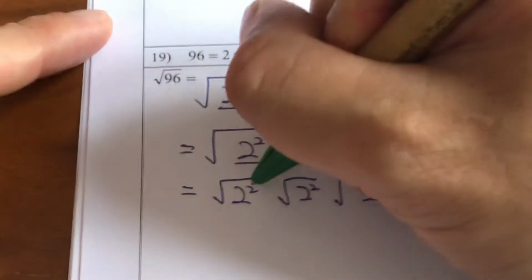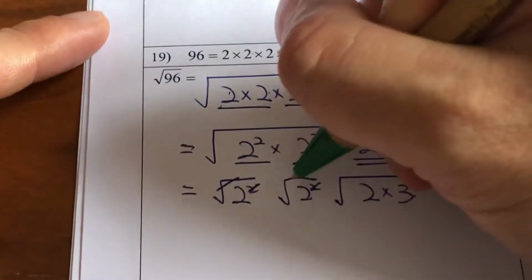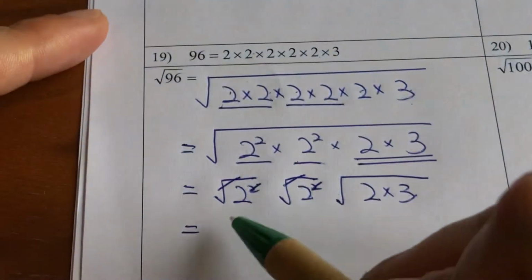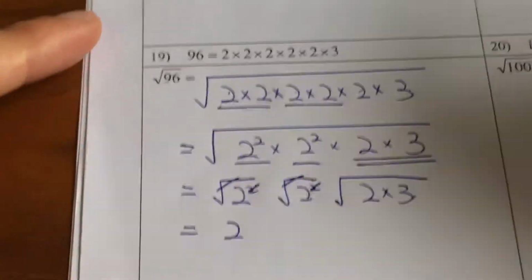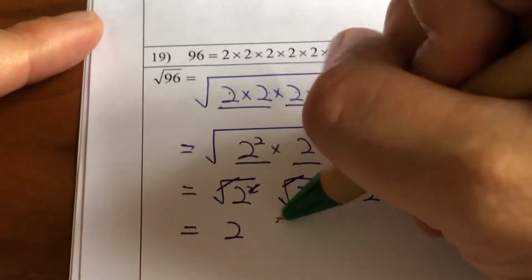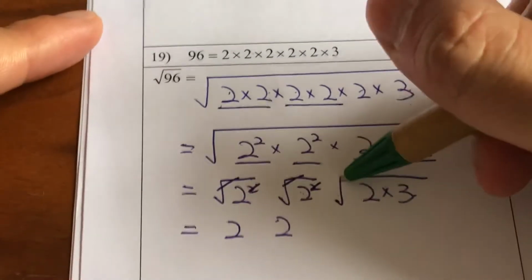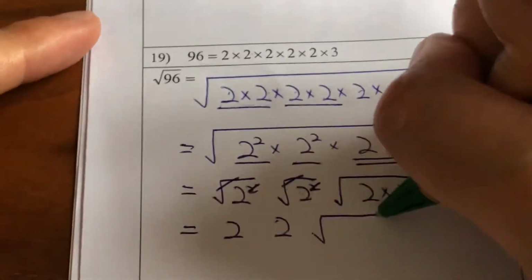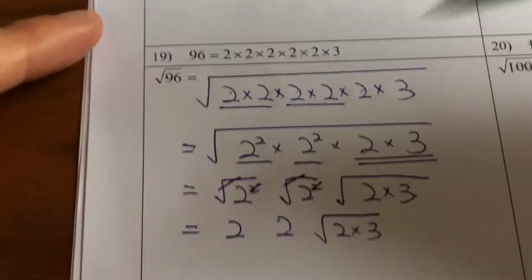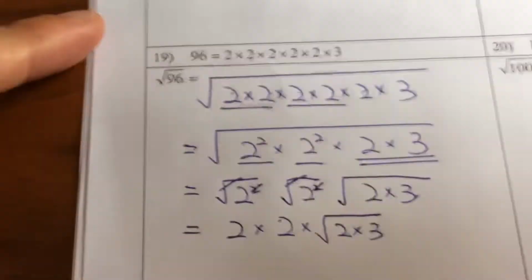Okay, and then after that, square and square root could be cancelled out. Therefore, we have 2 left behind. And the second term, we also have 2 left behind. And then here, we could not do anything, so we still have square root of 2 times 3. And then in between, it is multiplication.